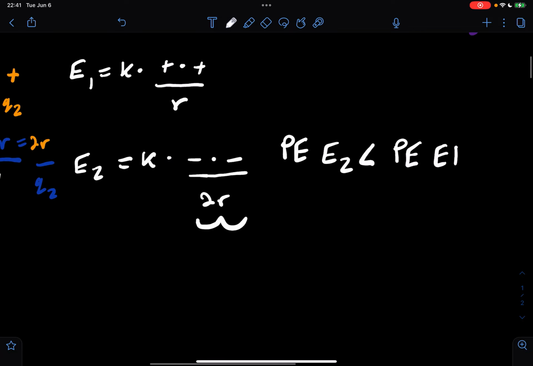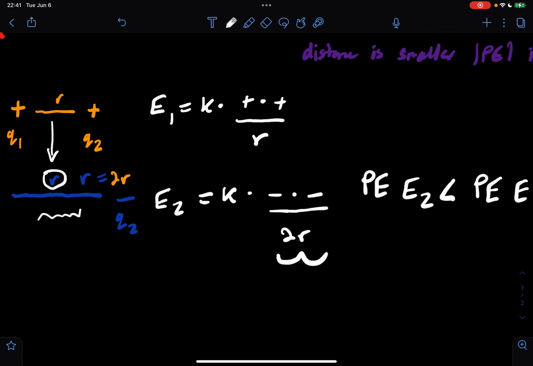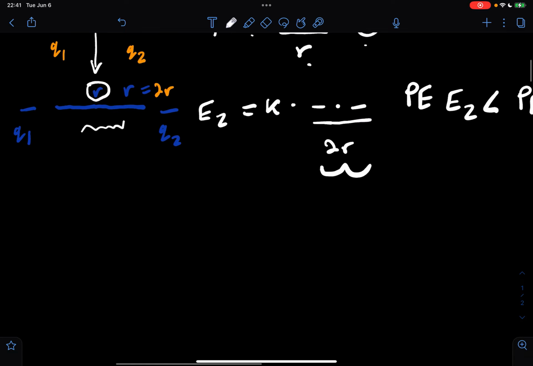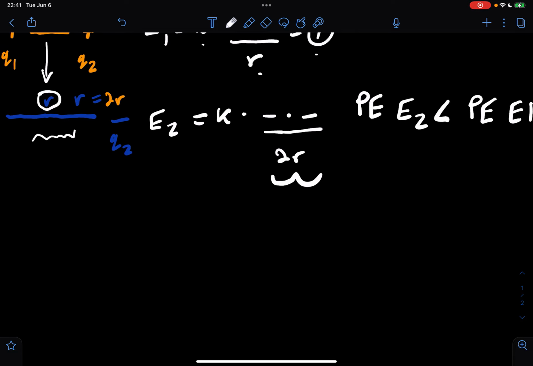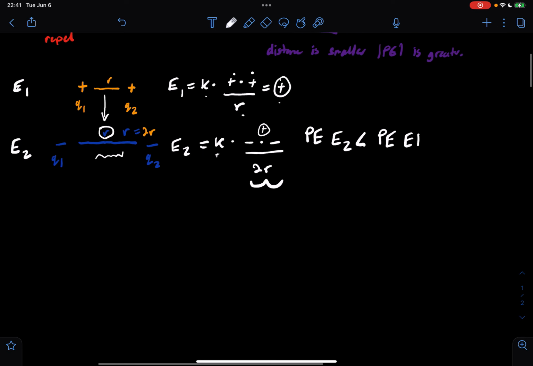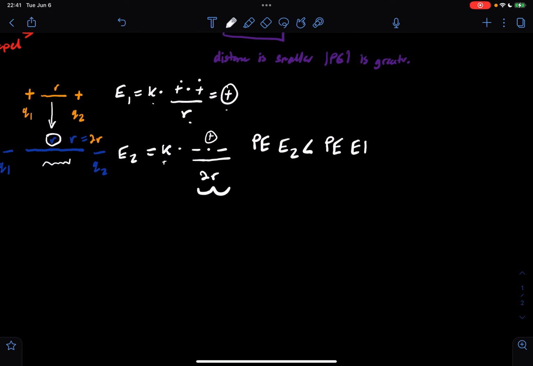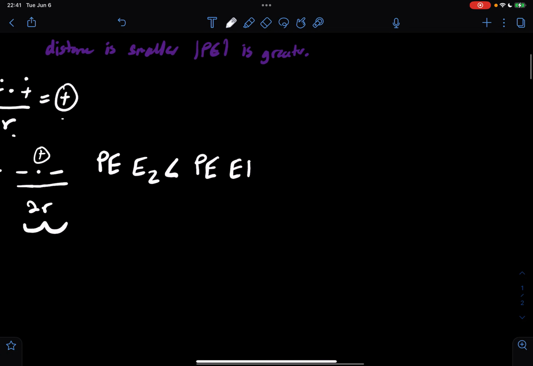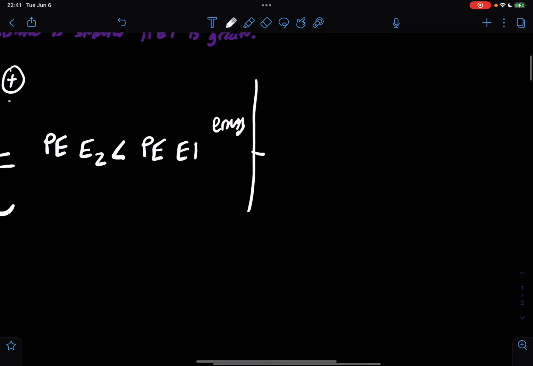And we can confidently say this because this is positive, right? Because we're multiplying a positive times a positive and dividing by a positive. The same thing here: negative times negative is just a positive, divided by a positive. So what we're saying here is that the potential energy of E2 is going to be less than the potential energy of E1. And if we put this on a ladder, this is where E equals 0.